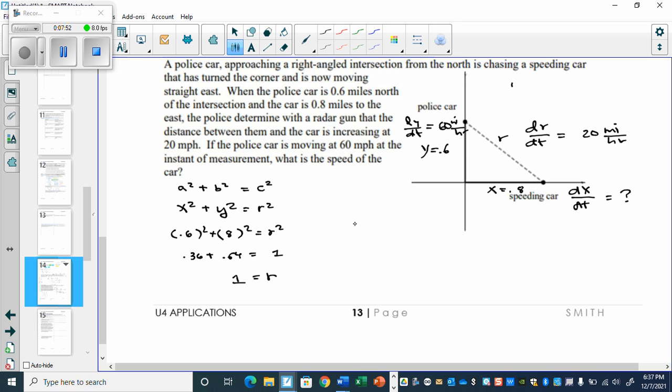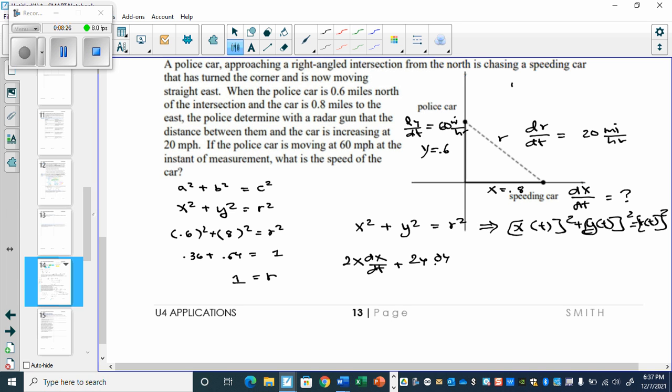All right, so I have r. So let's go ahead and do some implicit differentiation, and not just any kind, but implicit differentiation with respect to time. If you don't remember, these are functions of time. So with respect to time, I have 2x dx/dt plus 2y dy/dt equals 2r dr/dt.